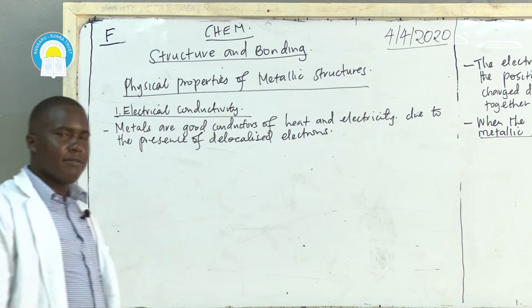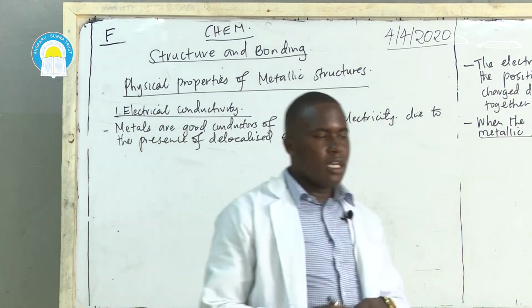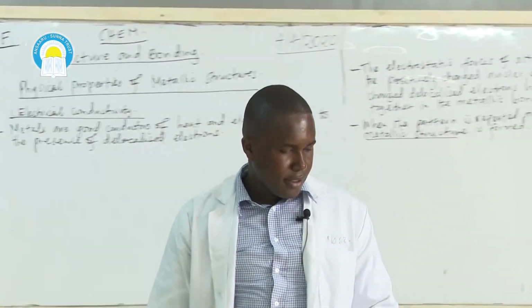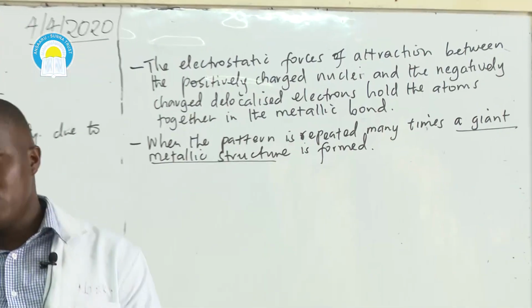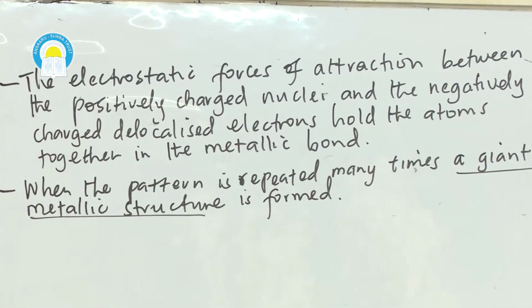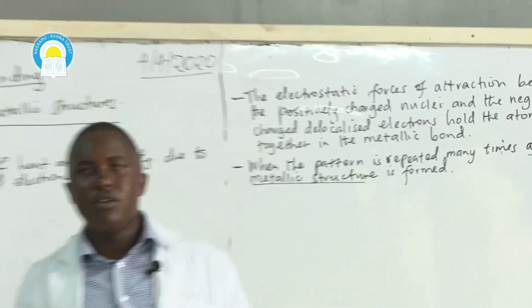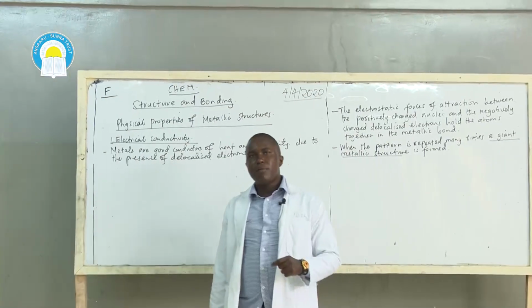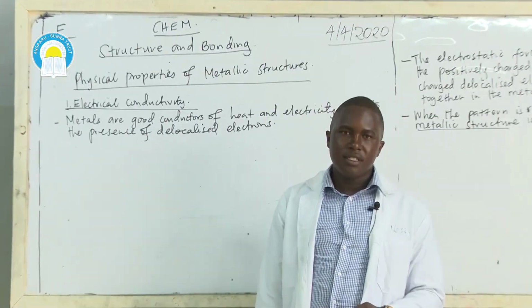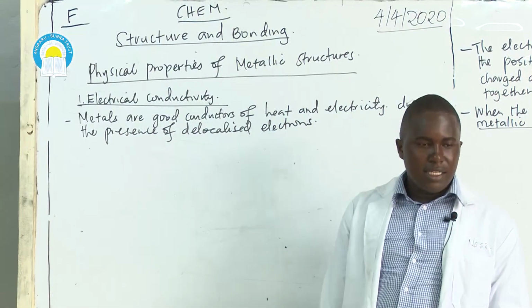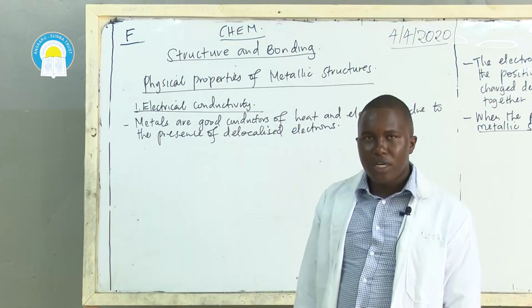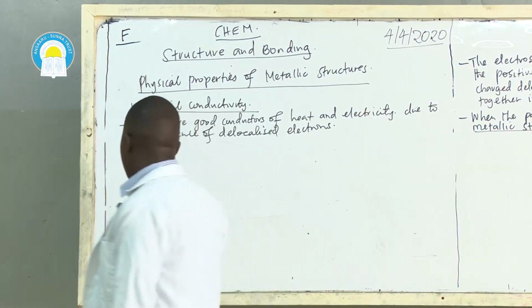All metals have delocalized or mobile electrons that allow electric current to pass through. But this one I've said many times, that the efficiency of conducting depends on the number of delocalized electrons. So the more the number of delocalized electrons, the better the conductivity of metals.